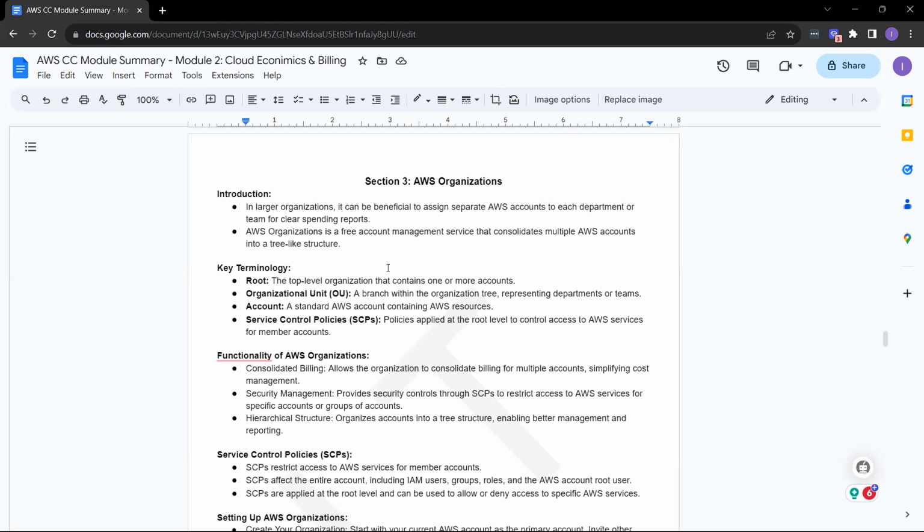So in AWS Organizations, there are key terminologies. We have the root, we have OUs, that is organizational units, and we have accounts, as well as service control policies. The root is the main boss, and the organizational unit is a branch under the organization tree. So let's say you have a school.